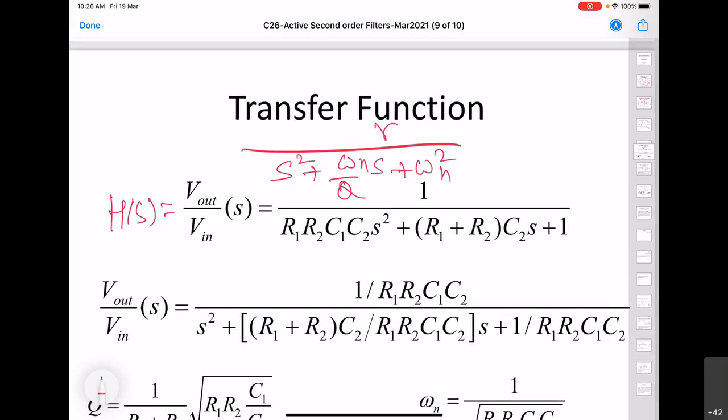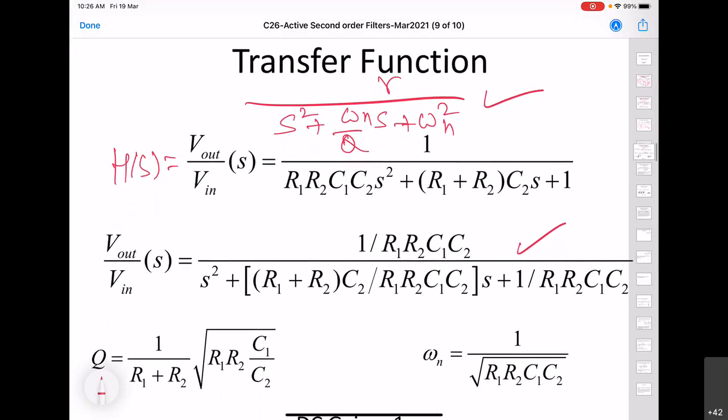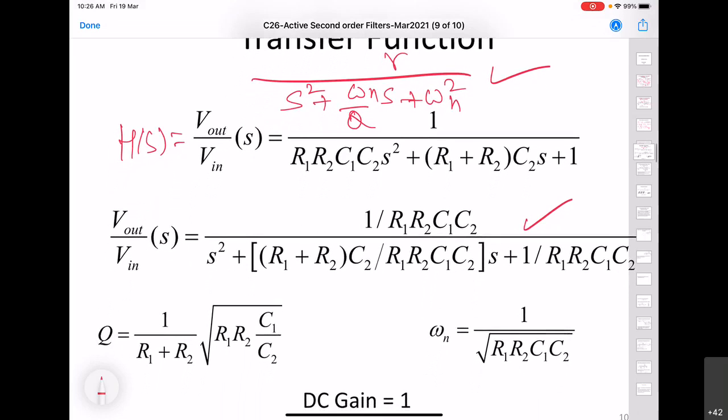So now we can compare this standard transfer function with this one to find the values of omega n and Q. When we do this comparison, omega n will turn out to be 1 by square root of R1 R2 C1 C2.